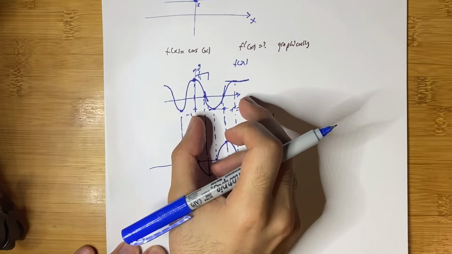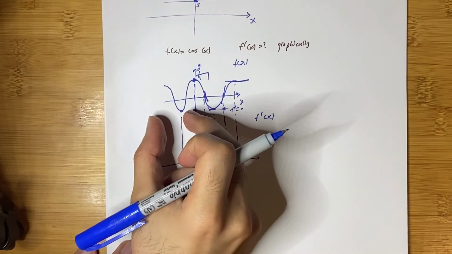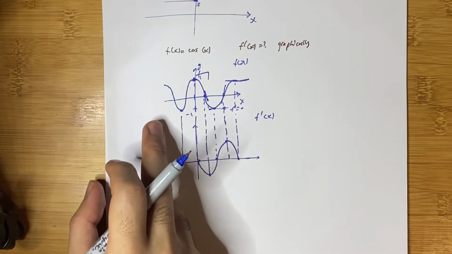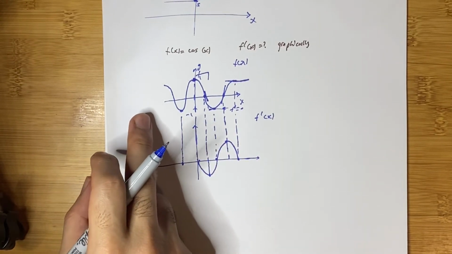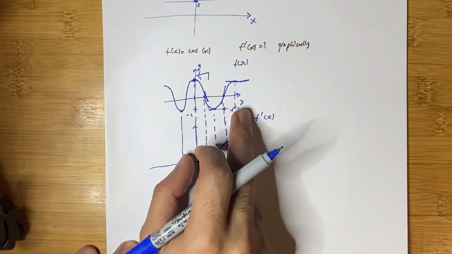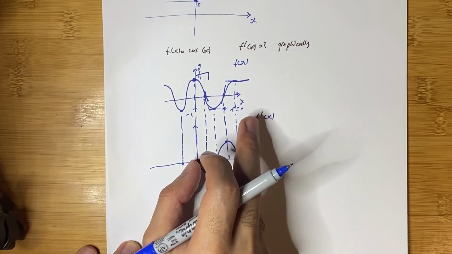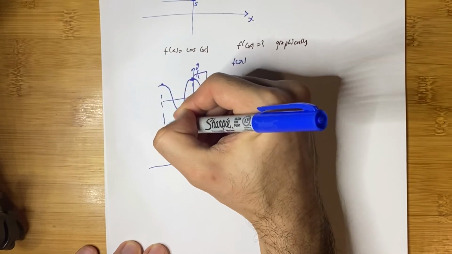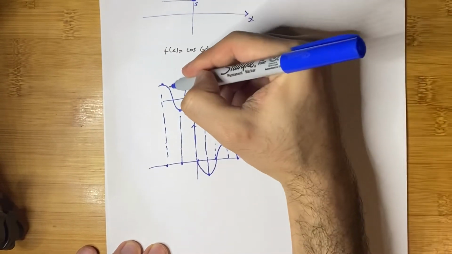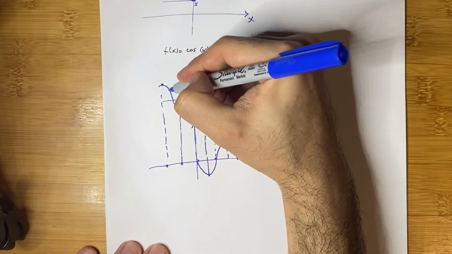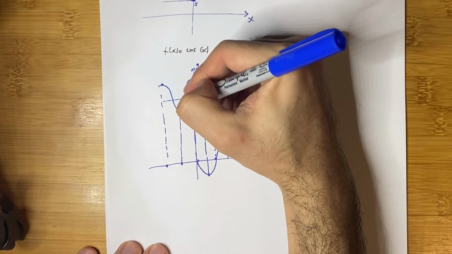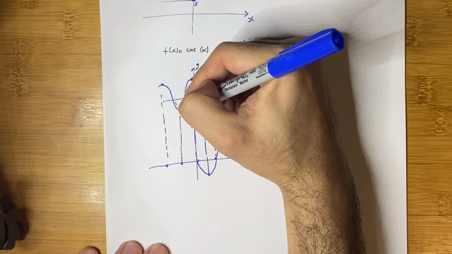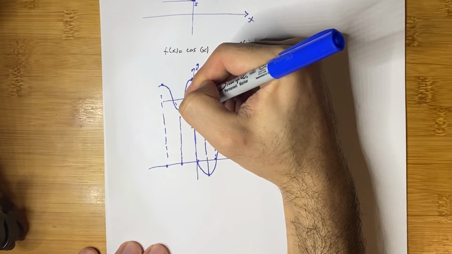So here what we can do is, for this segment in here, we can apply the same rules, but again remember you are always reading from left to right. So from here this point will be 0, and then here the function is going down. Okay, what does that tell us about f prime of x?